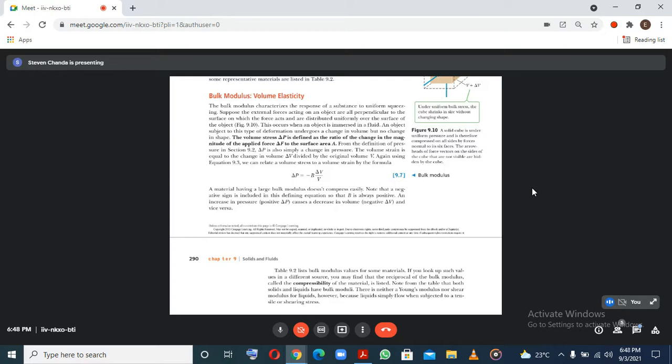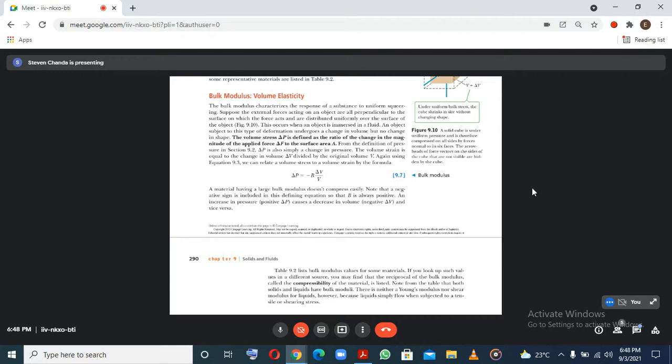So we are practically increasing the pressure in that bottle, and that's why the cap of the bottle would fly off, right? So that was just something to remind us and to explain further what the bulk modulus is about.